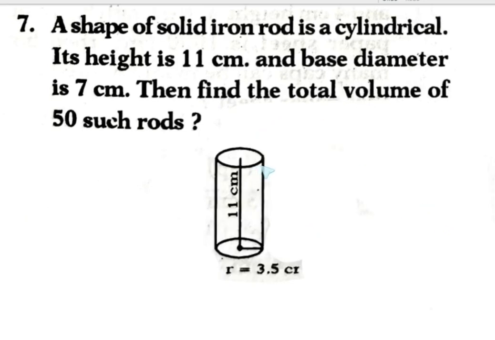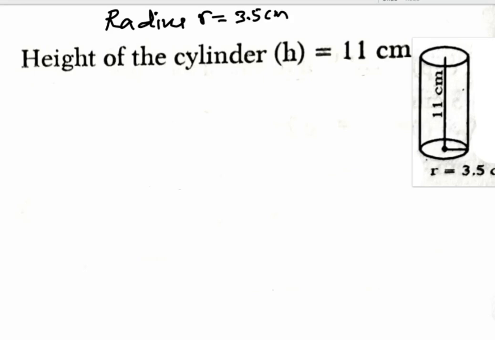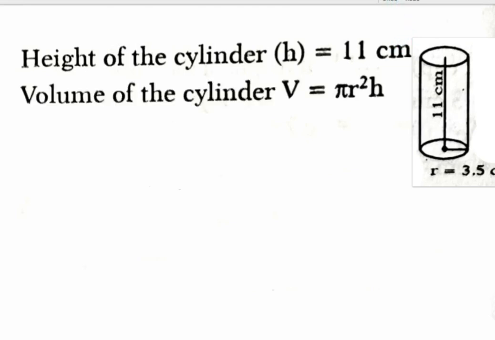This is a cylinder. 11 centimeters height, the radius equal to 3.5 centimeters. Then the volume of the cylinder is pi r square h.